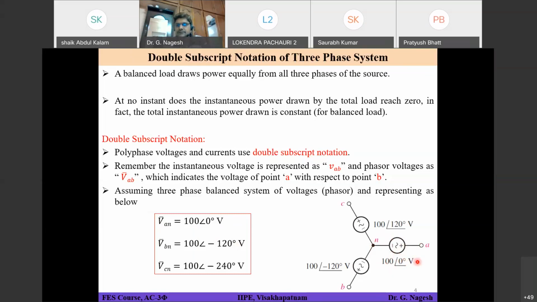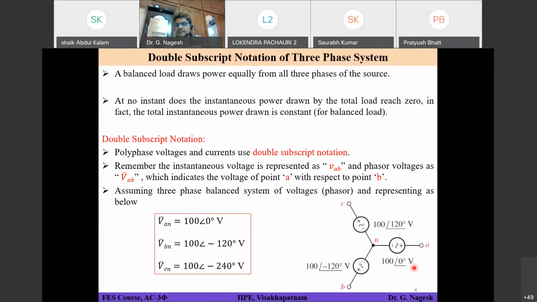Okay, so this is how you have to represent a source voltage. You are representing a voltage source, clearly specifying it is an AC voltage source, and clearly specifying the voltage difference between terminal A and terminal N, which is 100 at an angle of 0 degrees volts.